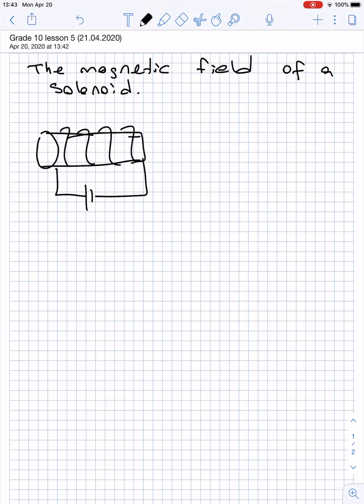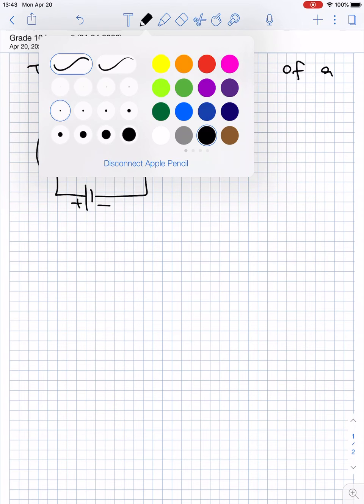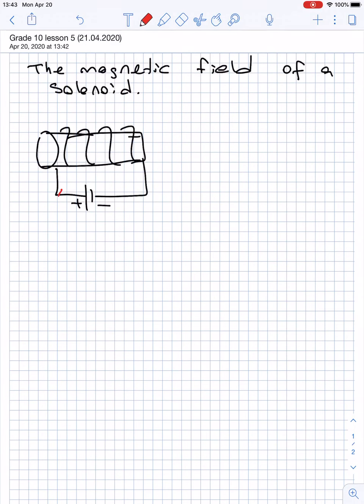with the battery. We know every battery has two terminals, positive and negative, and current always starts from the positive side and turns around the solenoid like this, and then reaches the negative side.